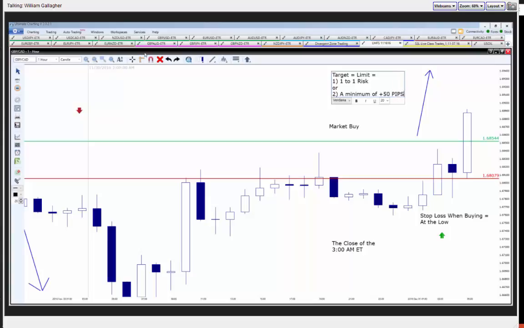So in this case, we're risking about 46 pips, so we're going to set our limit at 50 pips. We're going to have that first base, the minimum of 50 pips here.